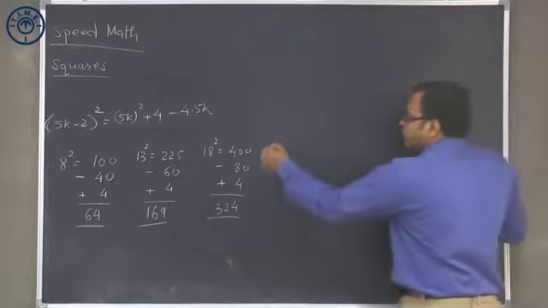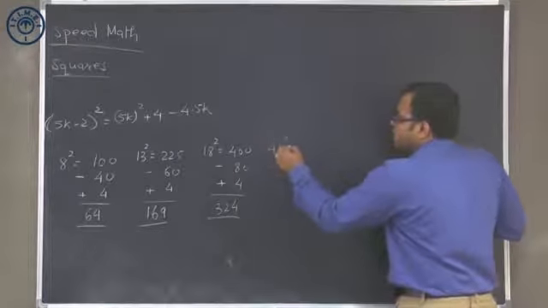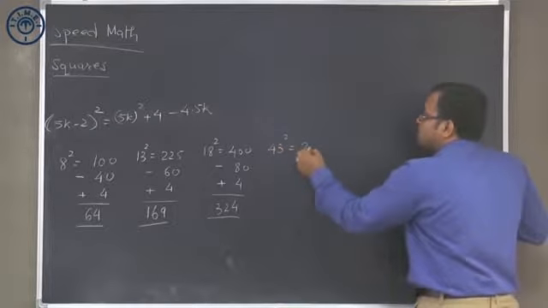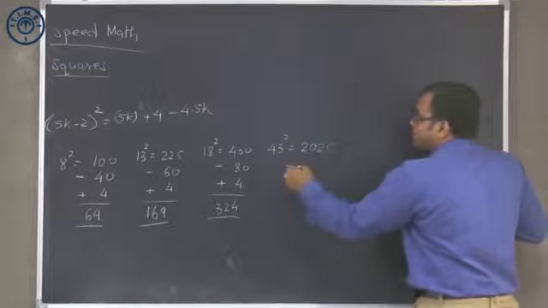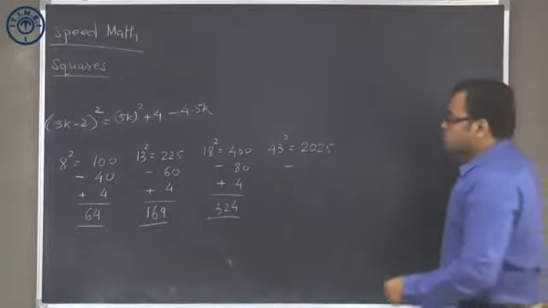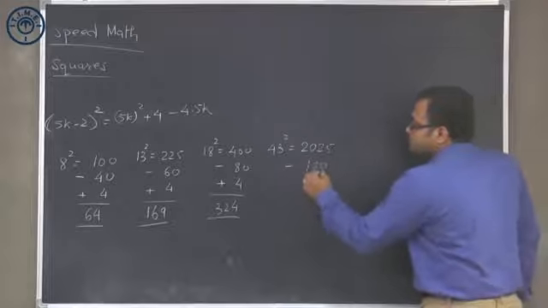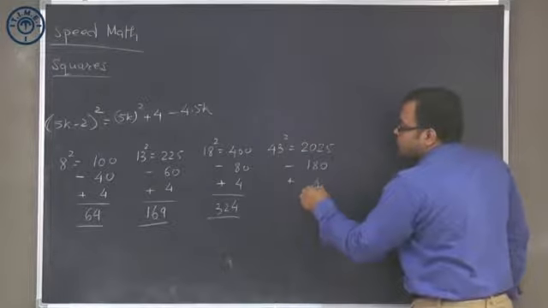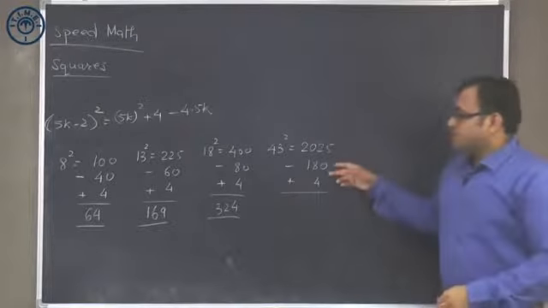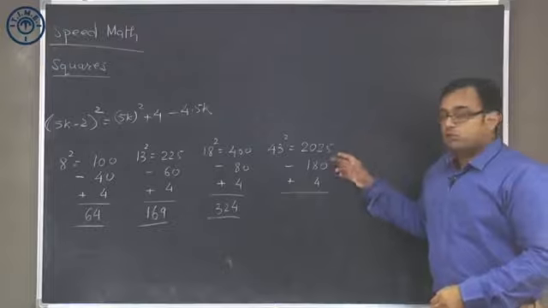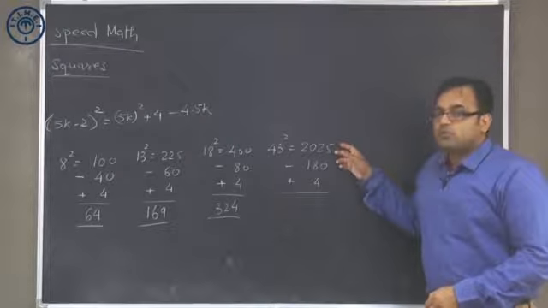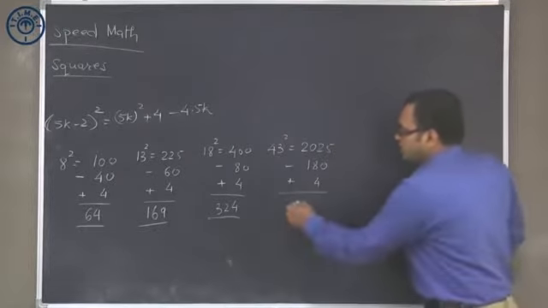Let's say we have to calculate 43 square. 43 square: 45 square is 2025, minus 45 into 4 is 180, plus 4. So 2025 minus 180 is 1845, plus 4, 1849.